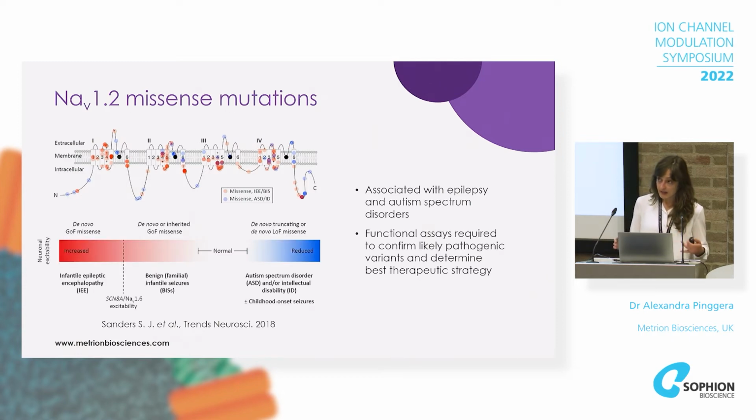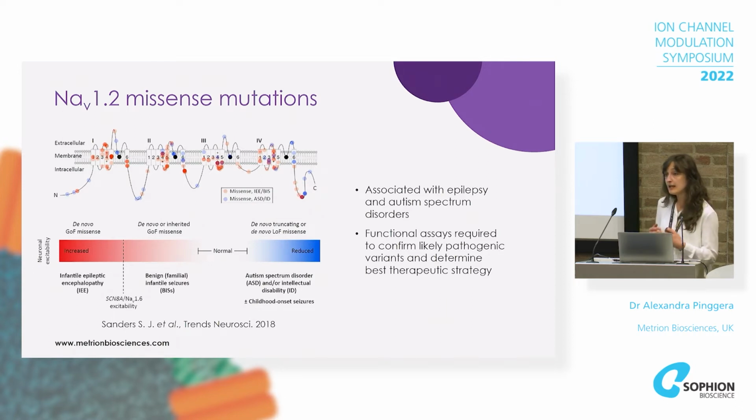Generally speaking, truncation mutations and missense mutations resulting in channel loss of function are associated with autism spectrum disorder and intellectual disability, whereas gain-of-function mutations are associated with different epilepsy syndromes. But this is obviously not that clear-cut, and there are exceptions. Also, about one third of these autism patients display seizures.